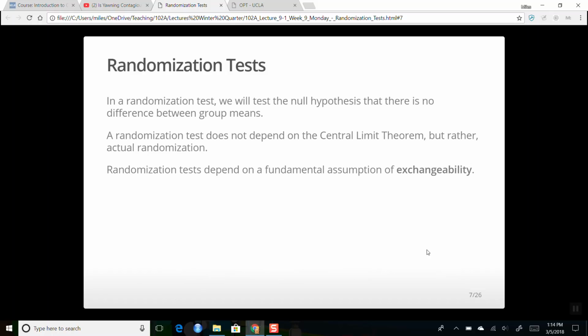The null hypothesis will still be the same. The null hypothesis is that there's no difference between the two group means, no difference between the means in the population. But we're not saying that X bar has to follow a normal distribution. Okay, that was a key thing in the central limit theorem, but for randomization tests that is no longer necessary. Instead, we depend on this assumption of exchangeability.